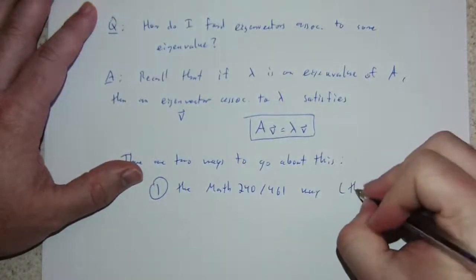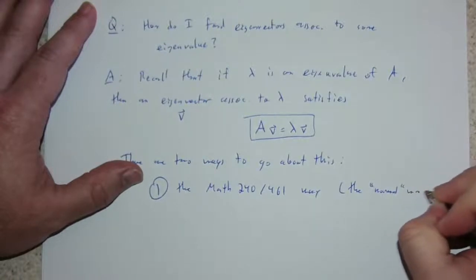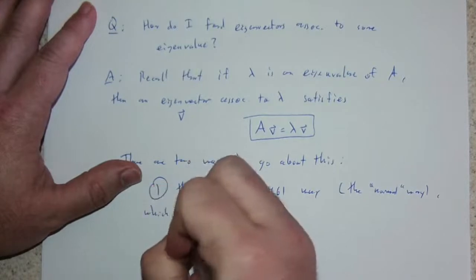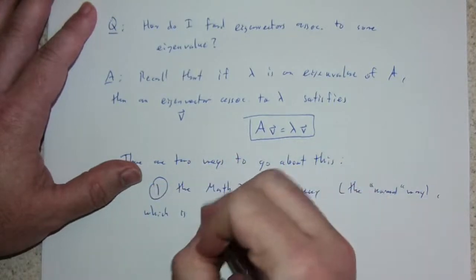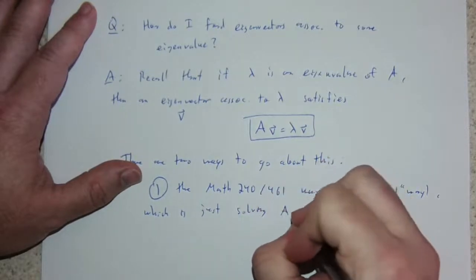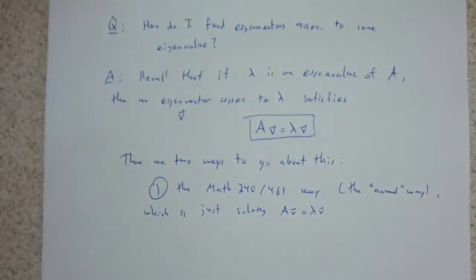Really, this is the normal way of going about it, which is simply solving this. What I mean by solving is we write out the equation AV is equal to lambda V, and then we just find the general solution to that matrix equation.